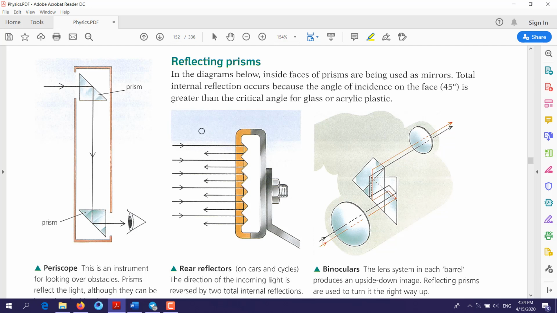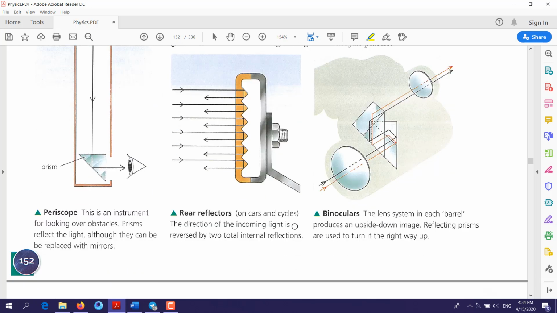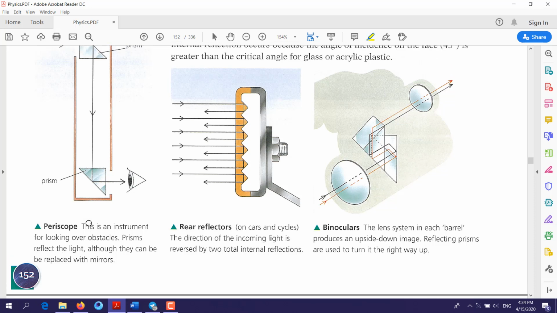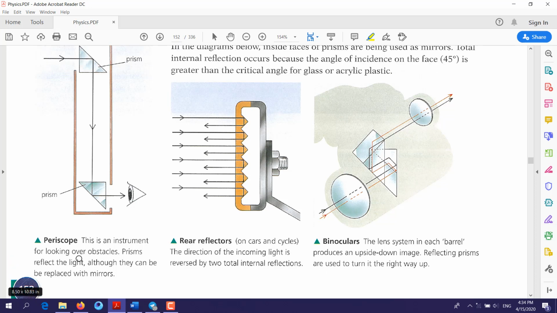So, some uses of total internal reflection. Here we have three examples. Periscope: this is an instrument for looking over obstacles. Prisms reflect the light, although they can be replaced with mirrors.